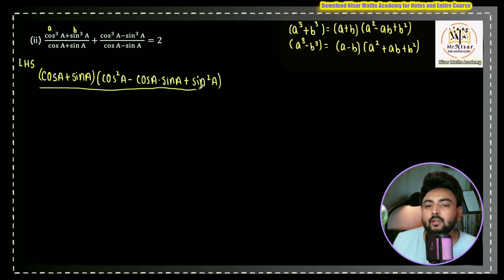Then we have in the denominator cos A plus sin A, plus A cube minus B cube.